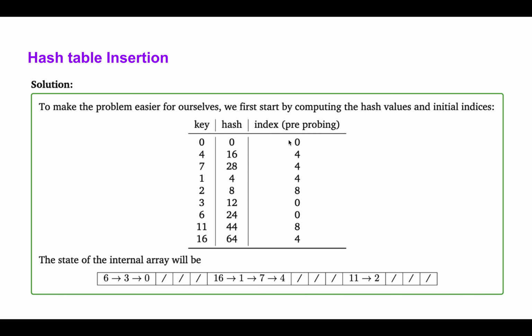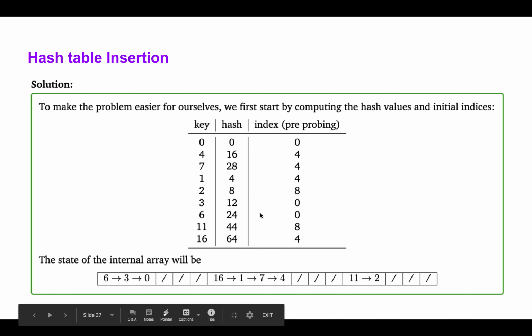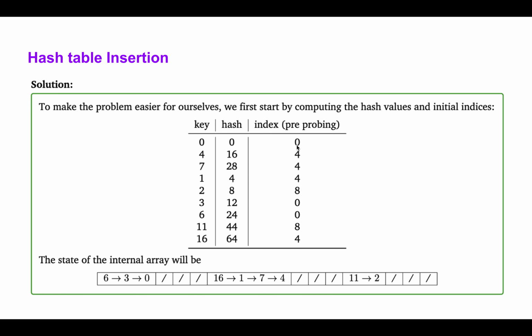So 0 mod 12 is 0. 16 mod 12 is 4. 28 mod 12 is 4. 4 mod 12 is 4, etc. You can do this first, and then you just know, okay, I'm putting 0 at index 0, 4 at index 4, 7 at index 4, 1 at index 4. It might help to make this table as well. But this is our final result.